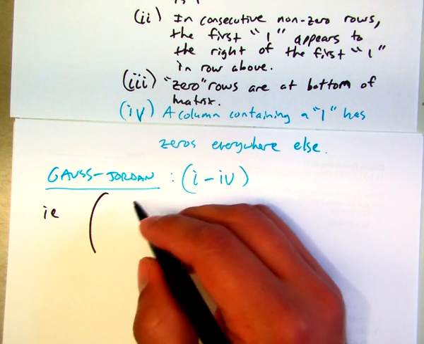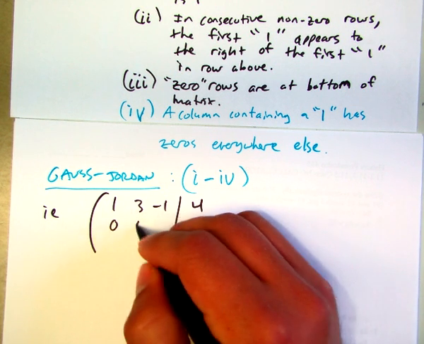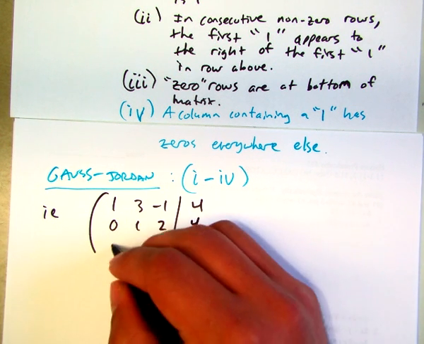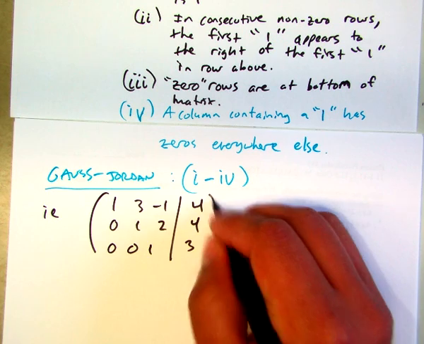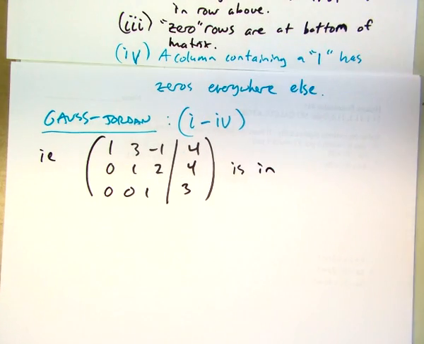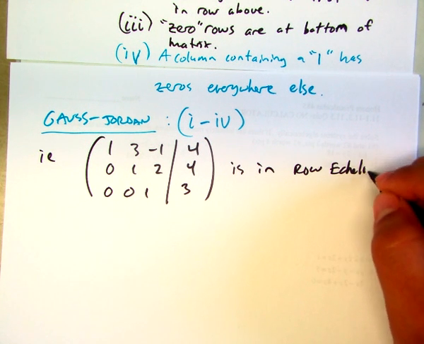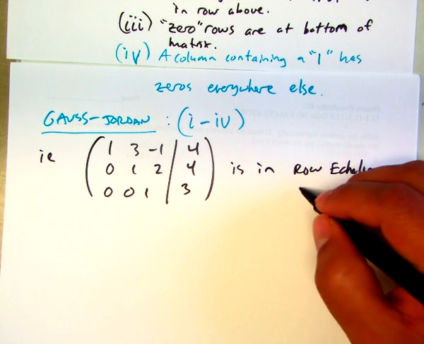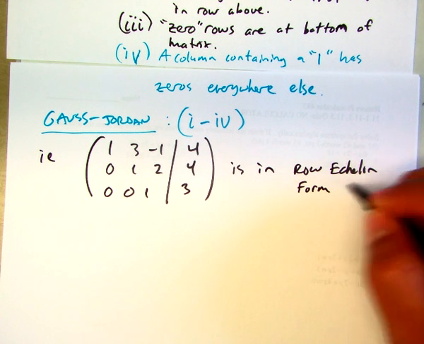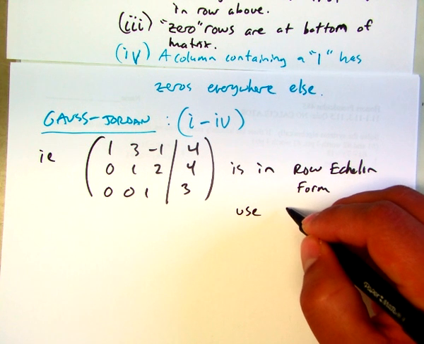Okay, so for example, a matrix that looks like this is in row echelon form, and we used Gaussian elimination to get this, well, we didn't, but we're going to pretend that we did.